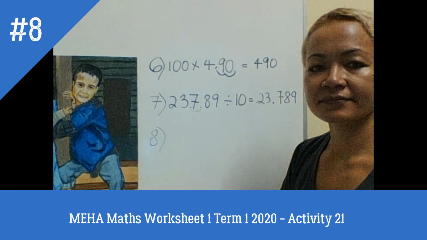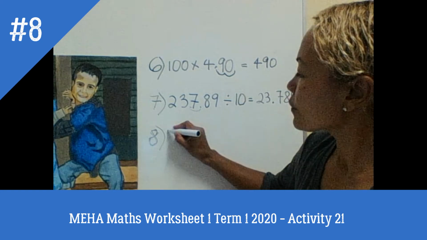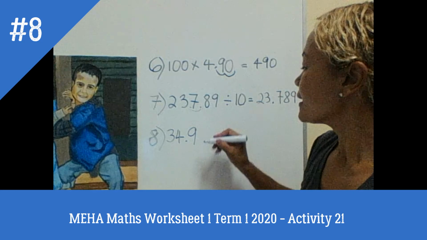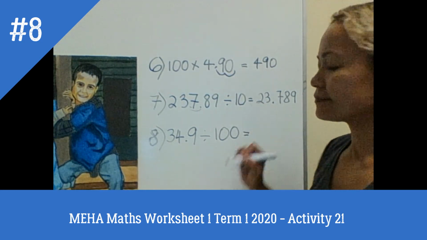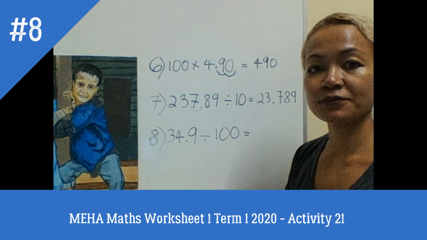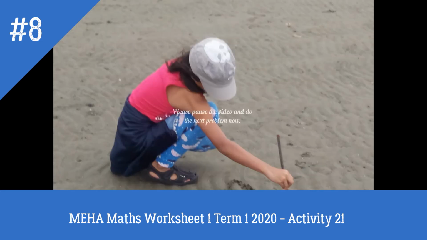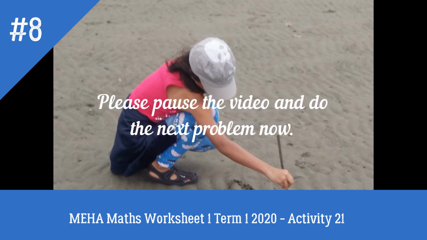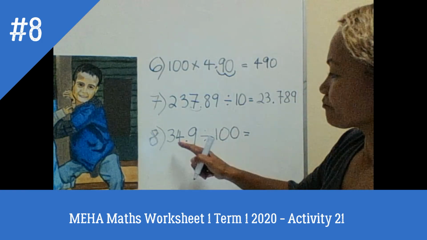8. 34.9 divided by 100. I give you time to solve it now. Did you get it? Okay.